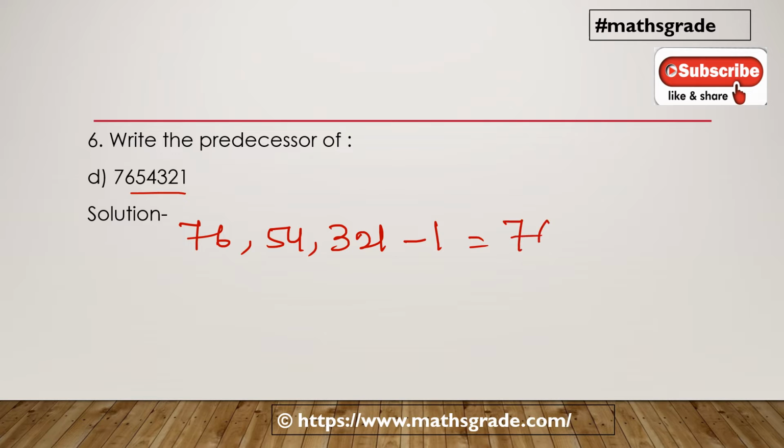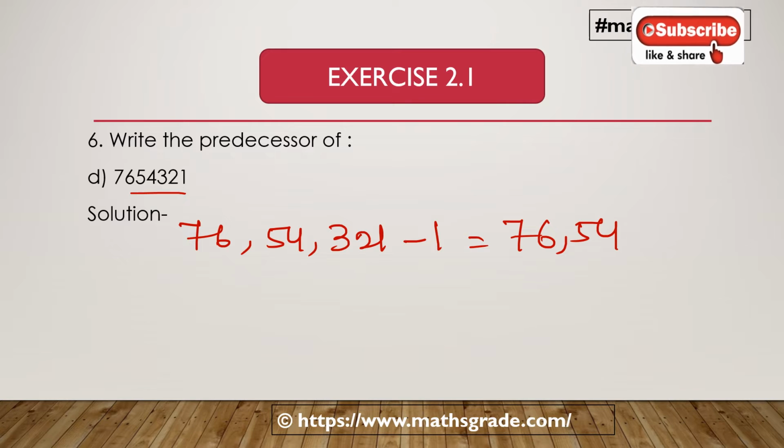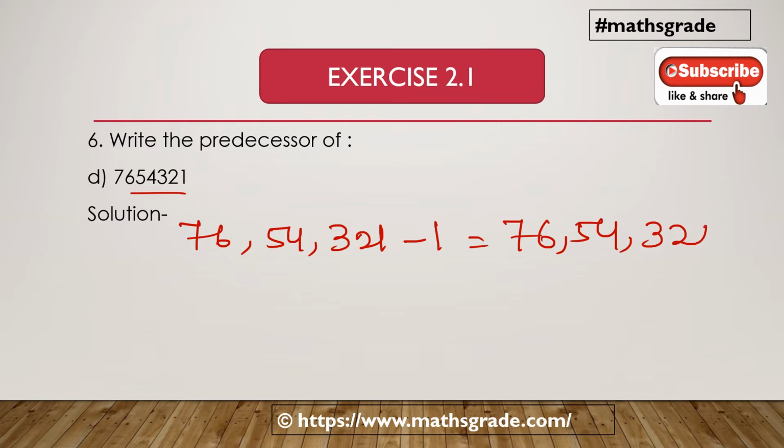So it is 76,54,320. And 76,54,320 is the predecessor of 76,54,321.